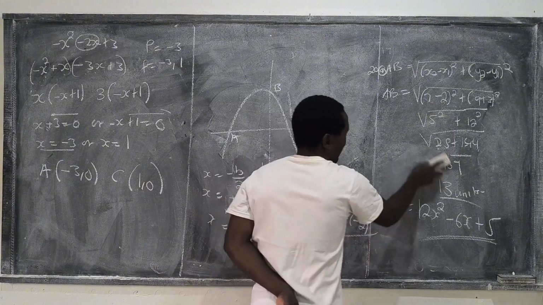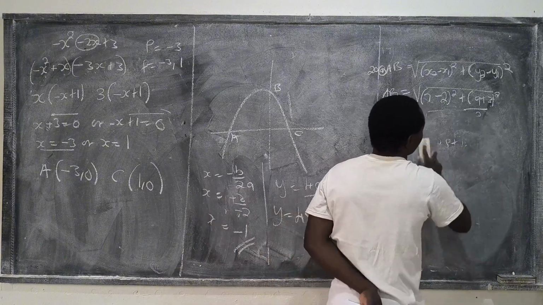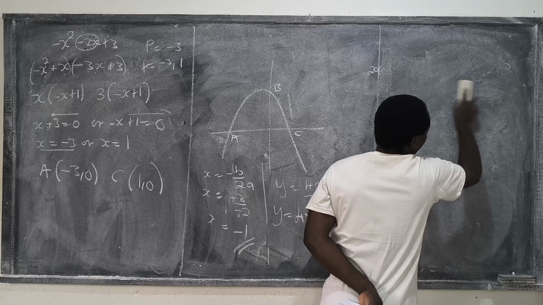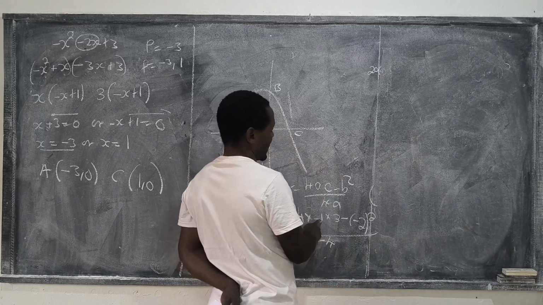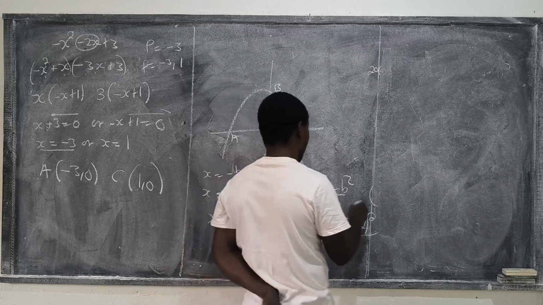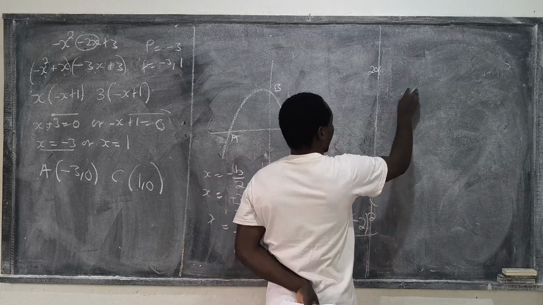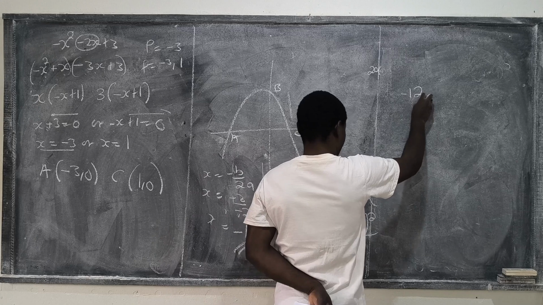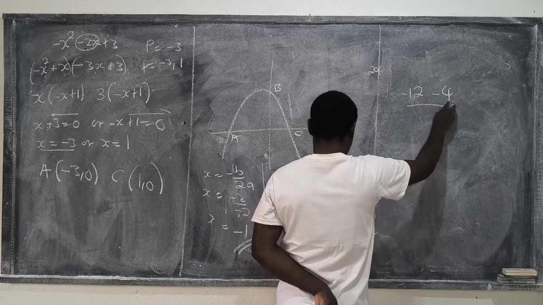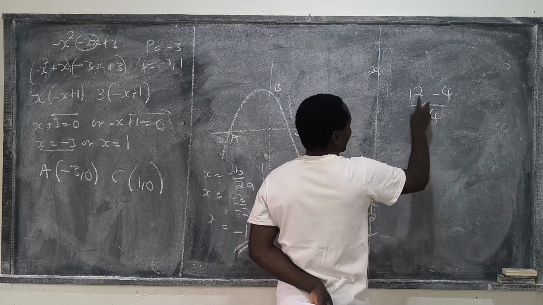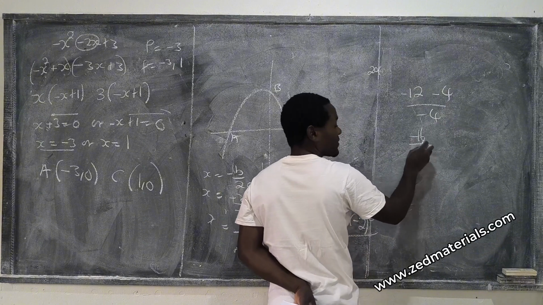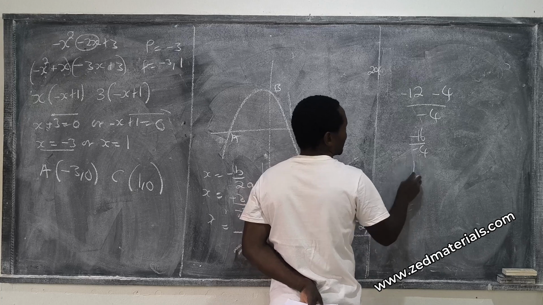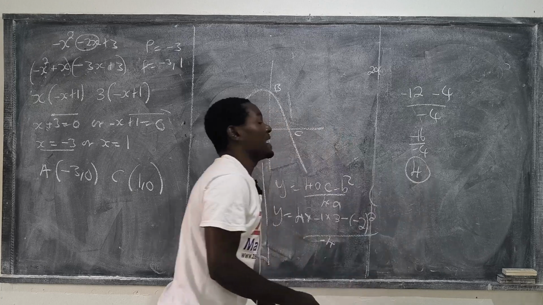Then from there you expand them or multiply them. You are going to have 4 multiplied by negative 1, that is negative 4. Negative 4 multiplied by 3, that is negative 12. So I will have negative 12, then minus 4 over negative 4. So this and this will be negative 16 over negative 4. So negative 16 divided by negative 4, that is positive 4. And true, it has to be positive.